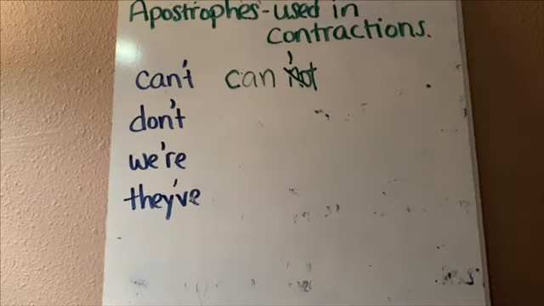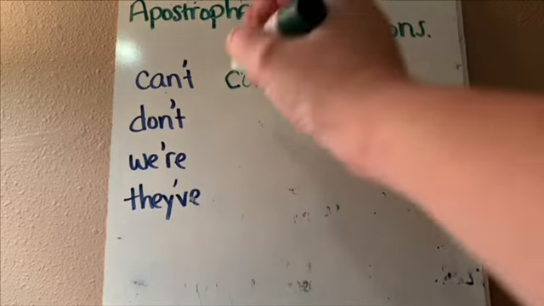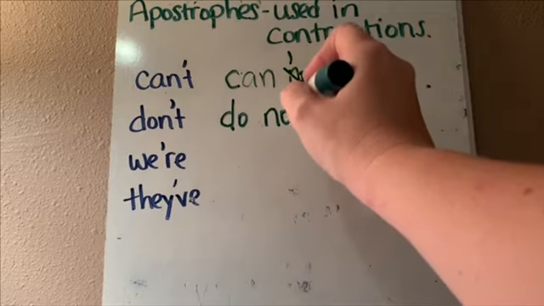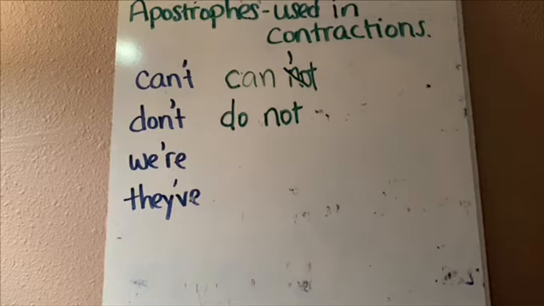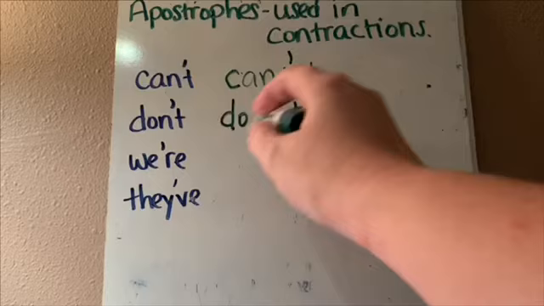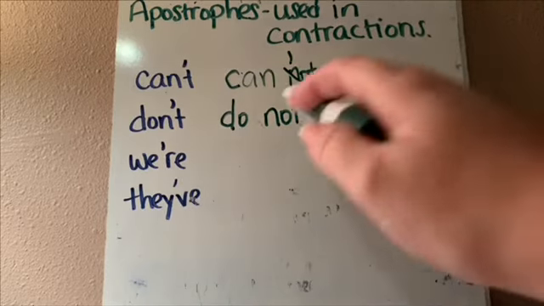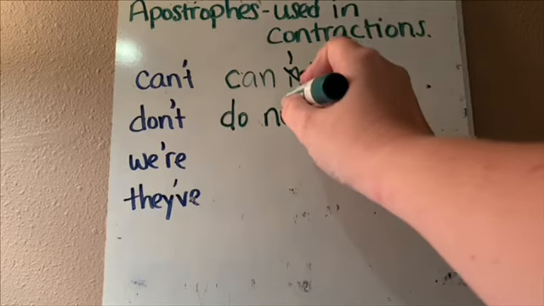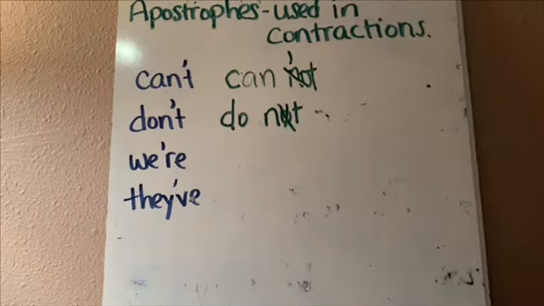Okay, let's look at another one. Don't. What two words does don't consist of? Do not. So I have do not. What letter have I left out? I left out the O, right?